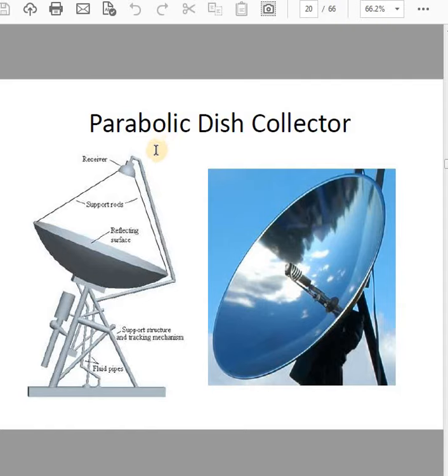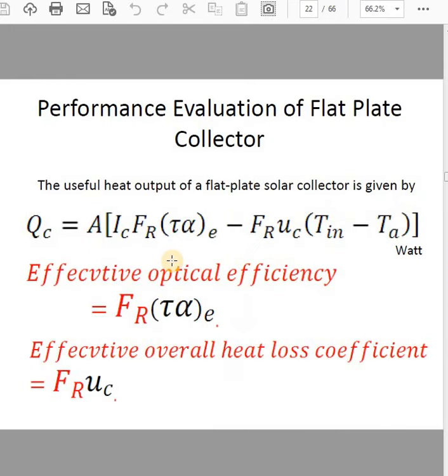When the solar radiation is incident on this surface, it gets reflected back to the receiver, and the receiver absorbs the energy. The heat energy comes back to the fluid pipes and heats the water or any fluid being utilized.